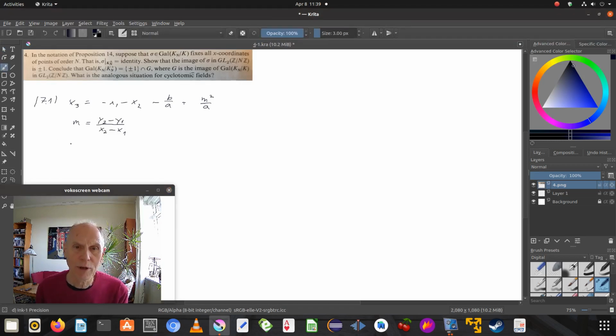So when we operate with sigma, then the first coordinates, all of them, are mapped to themselves, whereas the y values may change sign. As I see it, then the exercise here is to show that they either all remain the same or all change sign.